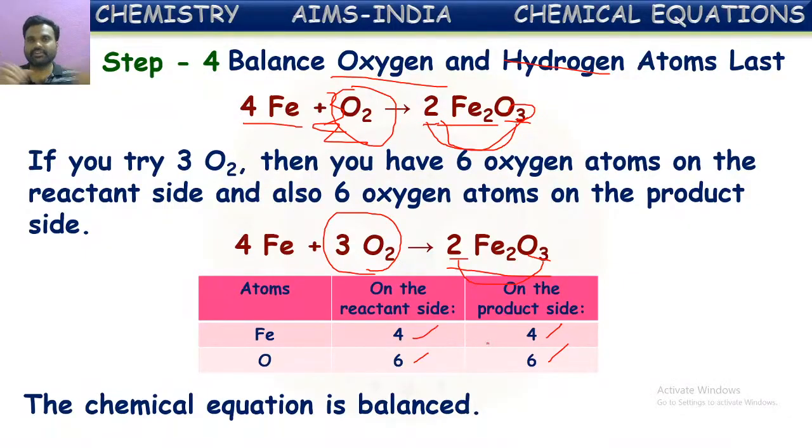If they are balanced, we can continue. If not balanced, then we can replace that simple number with another simple number. So we can start with numbers from 2, 3, 4 and so on. In that way, first we balance heavier elements, and then finally elements like oxygen and hydrogen. These are the methods by which we can balance the equation in a simple way.